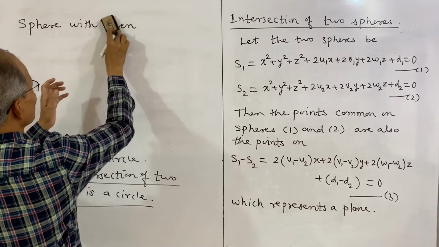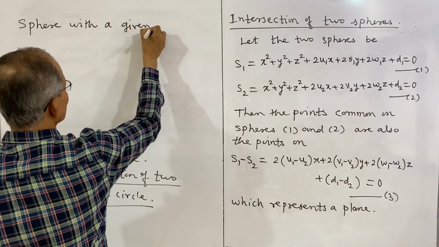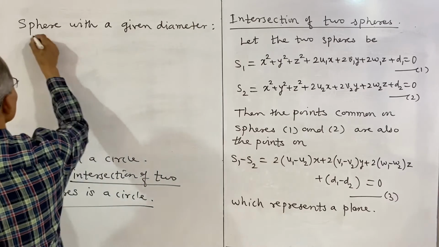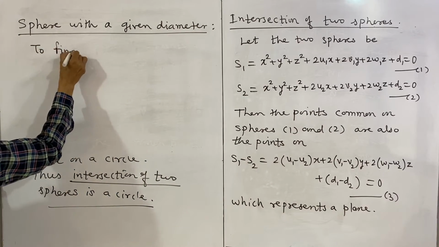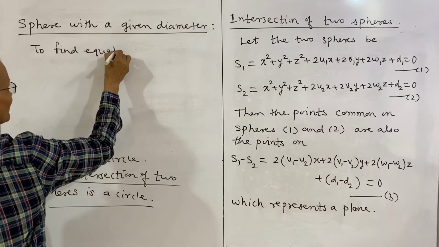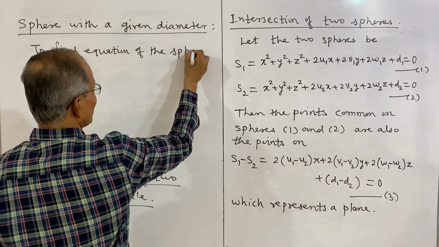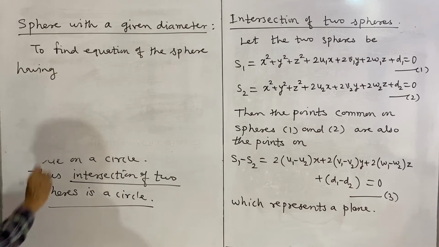With a given diameter. That is easy to derive, the equation of a sphere having the end points of a diameter.